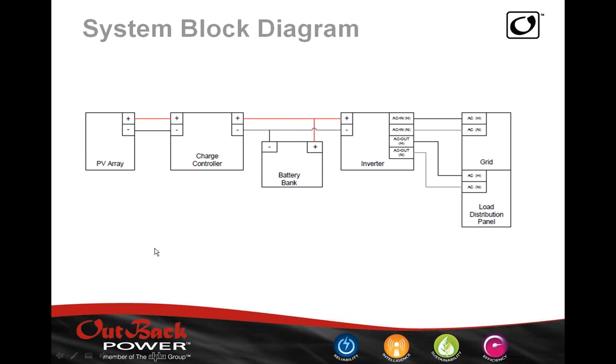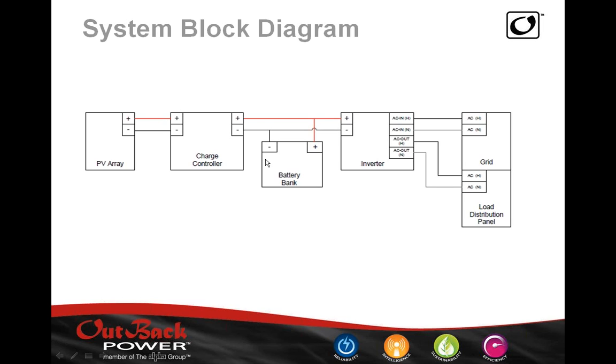Here we have the PV array feeding the charge controller, which is doing the charging of the batteries in a controlled manner. And here is our battery bank. Please note that the battery bank is essentially parallel between the output of the charge controller and the input of the inverter.